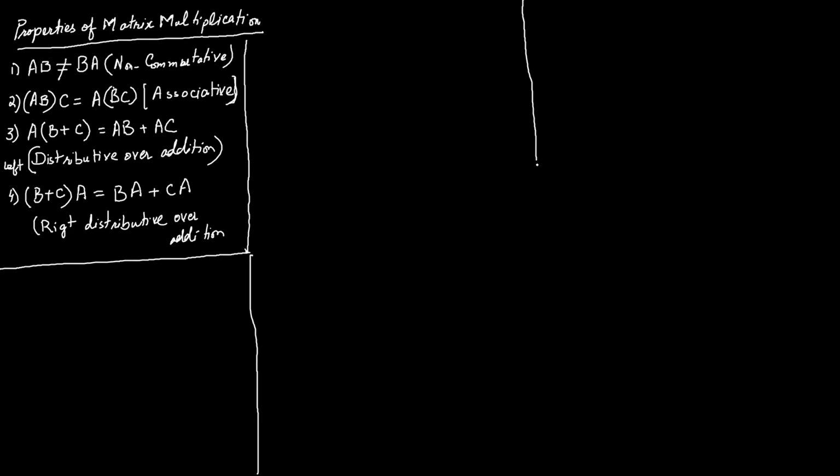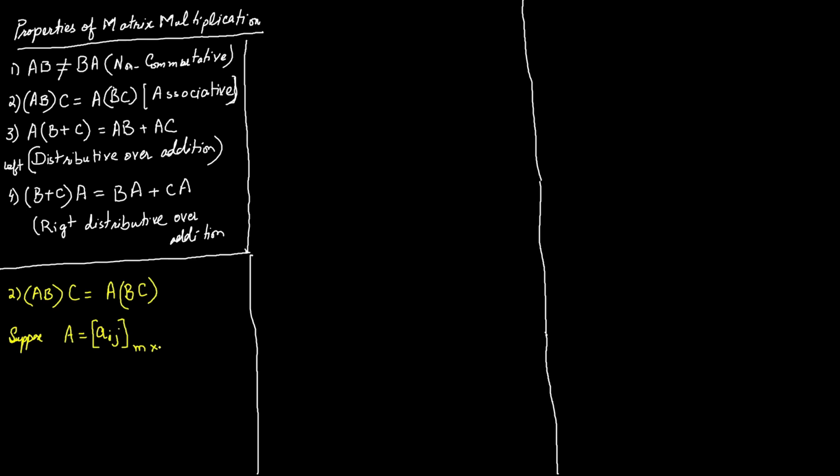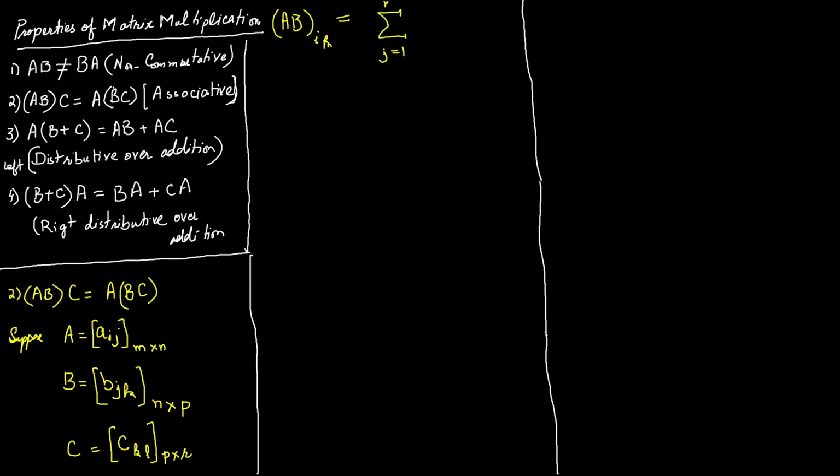Second property, the associativity of the matrix multiplication. Suppose A has order m cross n, B has order n cross p, and C has order p cross r. First, we calculate the element at row i and column k of the multiplication AB. Suppose it is represented by d_ik.